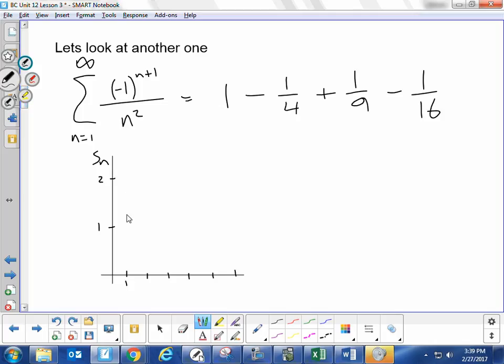I'd start at 1, subtract a 4th, add a 9th, subtract a 16th, add a little less, subtract a little less, add a little less, subtract a little less. And we can see that my partial sums will approach this value, which ends up being right in the middle of the bounces. So this will definitely converge.